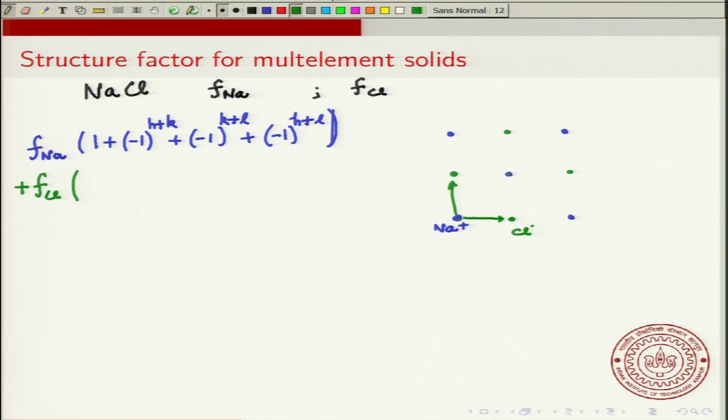So, you can write the coordinates. The first chloride atom is at x equal to half, y equal to 0, so this is half 0 0, and this is 0 half 0. The third one will be 0 0 half, and the fourth one will be at half half half.